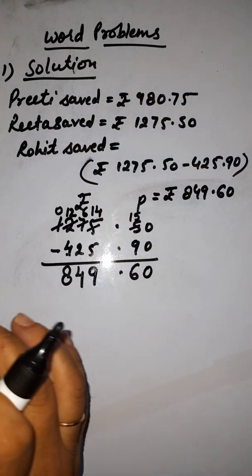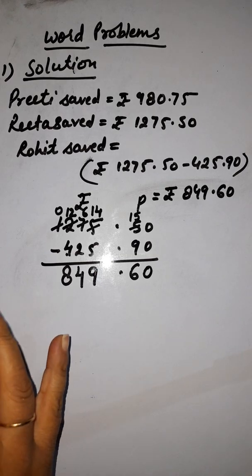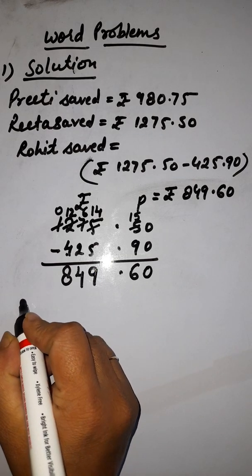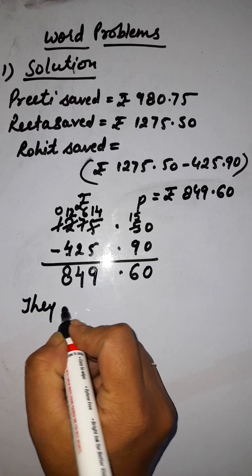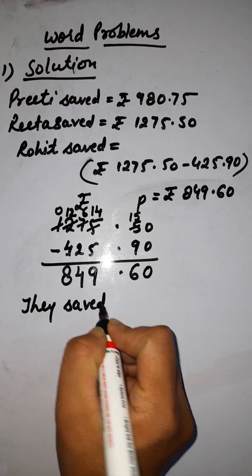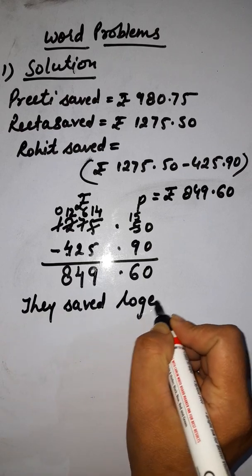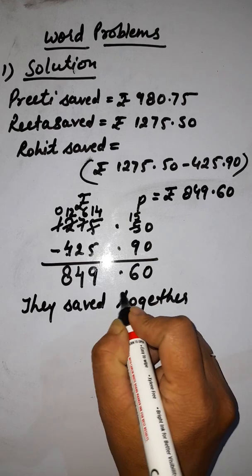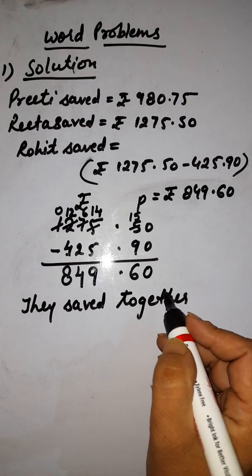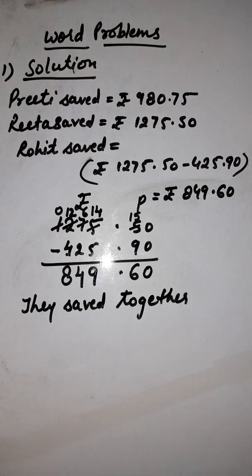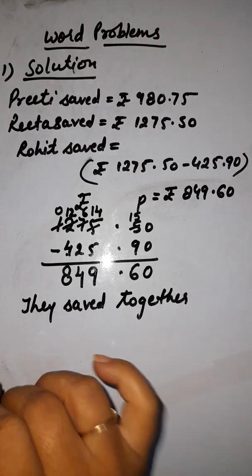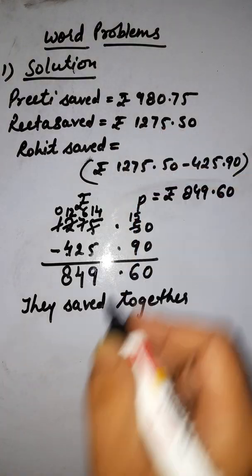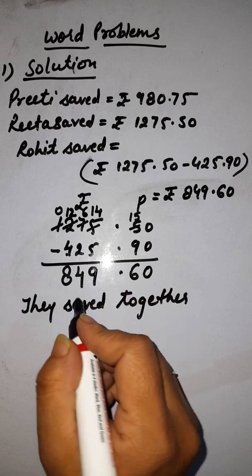Now we have all three savings here. So at last we have to find out the total saving together. So the last statement we will write, they saved together. We will add, because the word is together here, so we need to add. Okay, so we'll add all three amounts here.